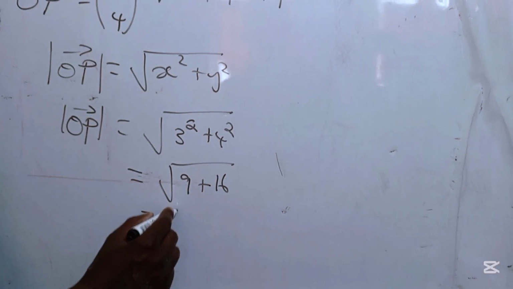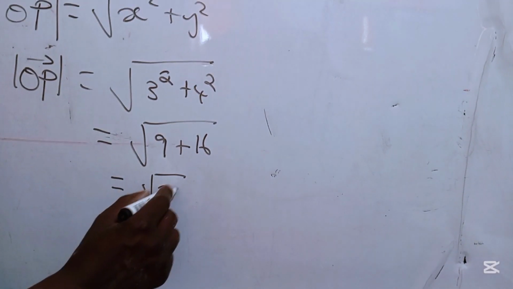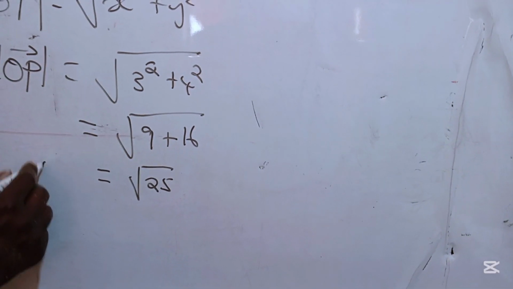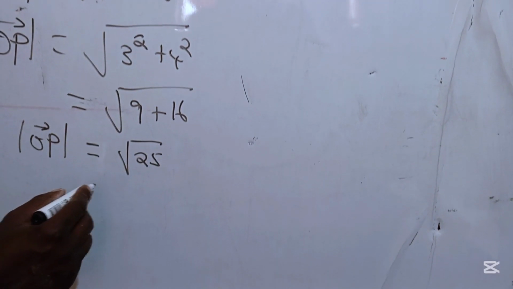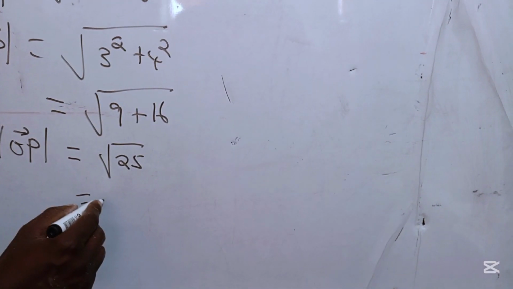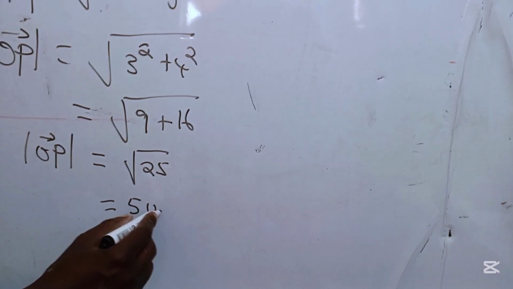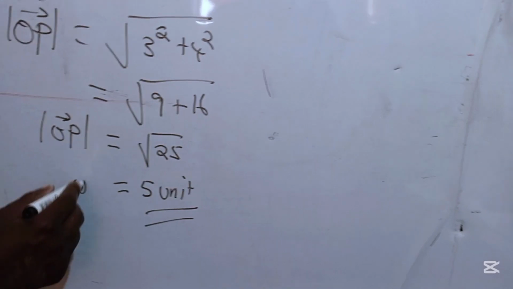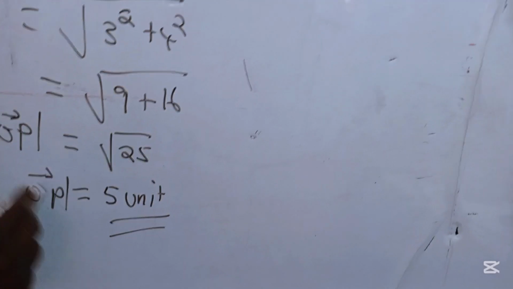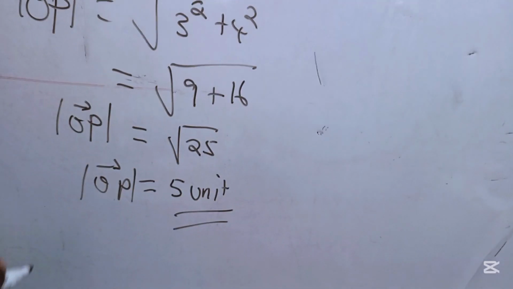You agree with me that this is equal to 25, so the square root is 5. Since magnitude is always positive, I'm going to have positive 5 units. So this is the magnitude of vector OP.